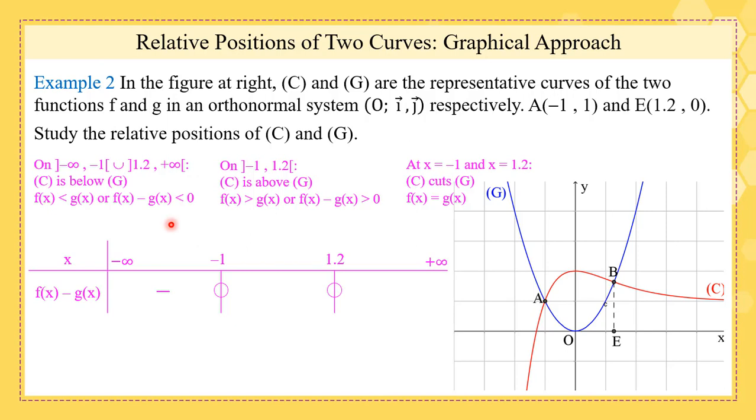And then between minus 1 and 1.2 it's positive, and between 1.2 and plus infinity it's negative. So here C is below, C cuts, C is above, C cuts, and C is below. Remember again, it's enough to write the answer verbally, but it could be expressed also in a table.